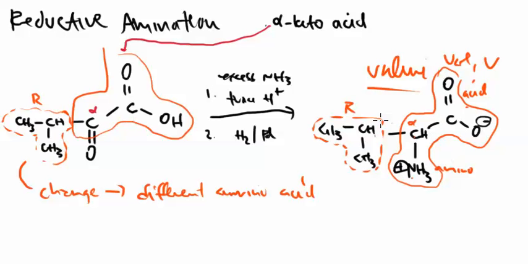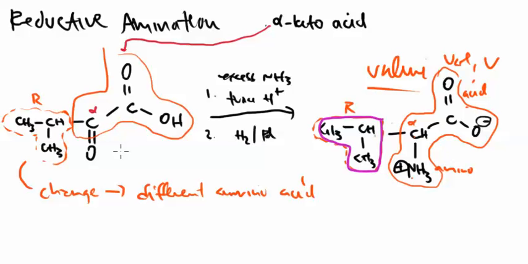What's important here is the R group that you're choosing. That part gets changed, and that is how you make different amino acids. So it's all about what you start with, for both reductive amination and the HVZ reaction.